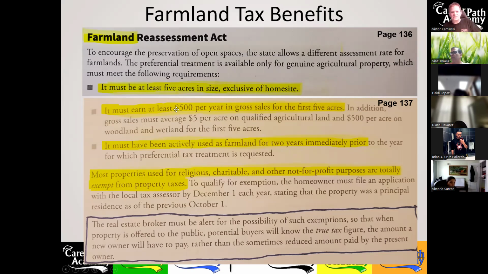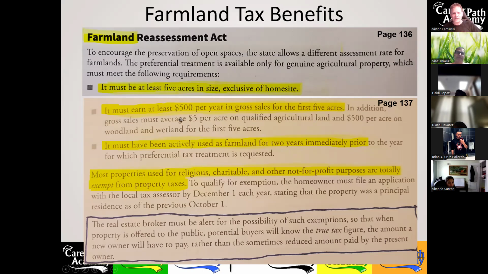So it must earn at least $500 per year in gross sales for the first 5 acres. Can anybody tell me what legitimate farm is only grossing $500 a year in sales for 5 acres of land? How do you make a living? That's before your expenses. The gross is before your gas, before you pay for the equipment, before you pay salaries.